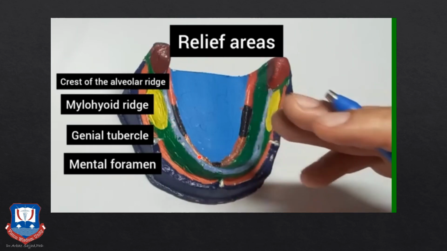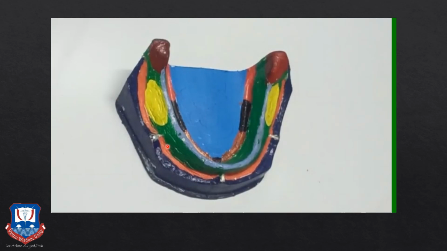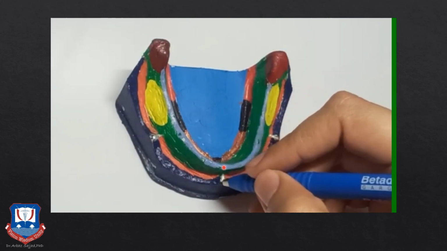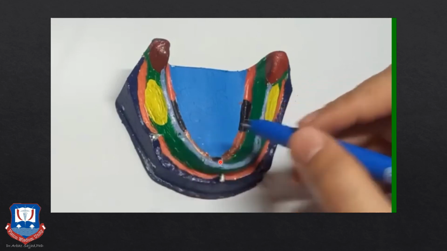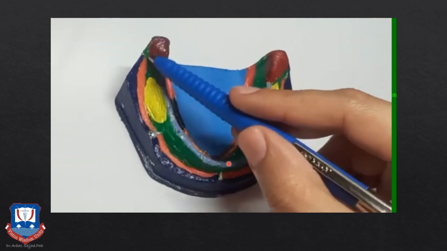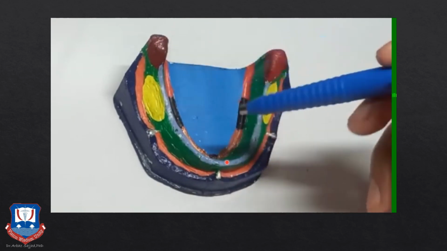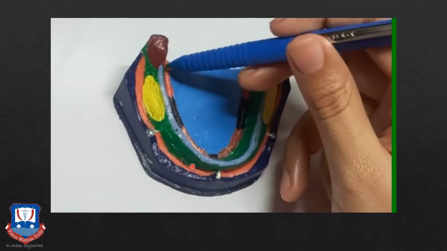The other limiting or relieving structures in the mandible are the mental foramen, which lies between the first and second premolar, and the genial tubercle beneath the lingual foramen. Sometimes, due to excessive resorption of the ridges, the genial tubercles will be highly prominent and towards the crest of the ridge, and they need to be relieved during the denture.